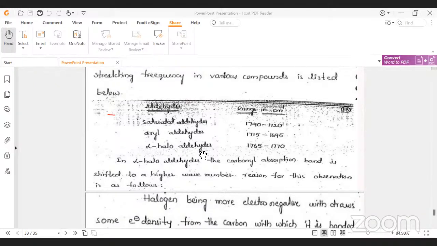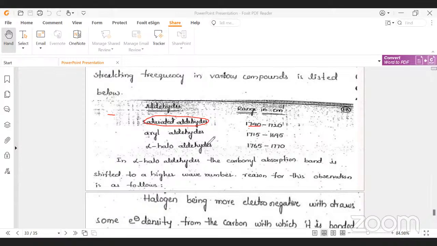With alpha halo aldehydes, the peak frequency has increased. Why? Look here, there is a simple concept. This is a saturated aldehyde, and the peak appeared at 1740.